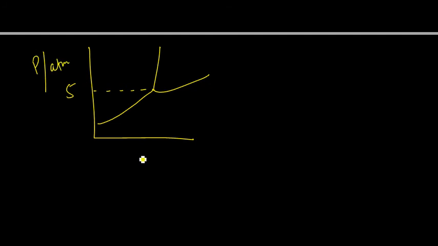Let's say this is the triple point, and that's 5 atmospheres. That's pressure in atmospheres, temperature in Kelvin, right? So that's your solid, that's liquid, that's gas. So 1 atmosphere is somewhere over there.